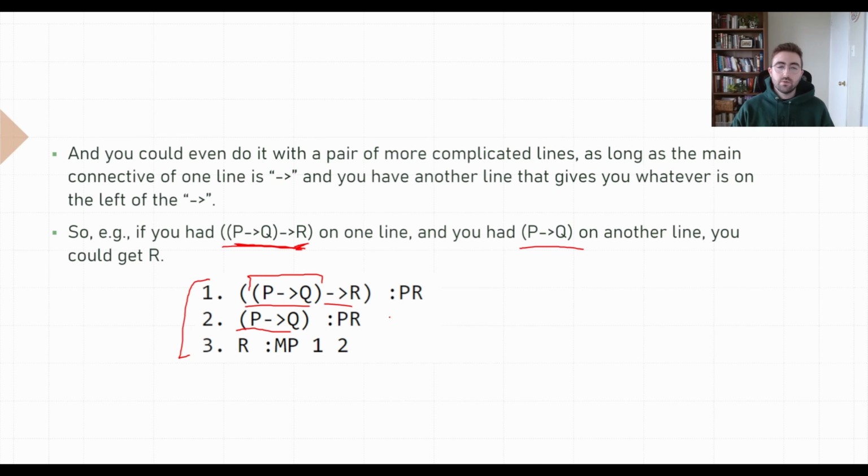We have the left side on line 2, and the main connective arrow claim on line 1. So we can just get the right side of the main connective claim by using modus ponens on lines 1 and 2. Again, if you've never done this before, it sounds a bit weird. But let me just show you really quickly how this looks in our system, and then we will come back to our other rules.